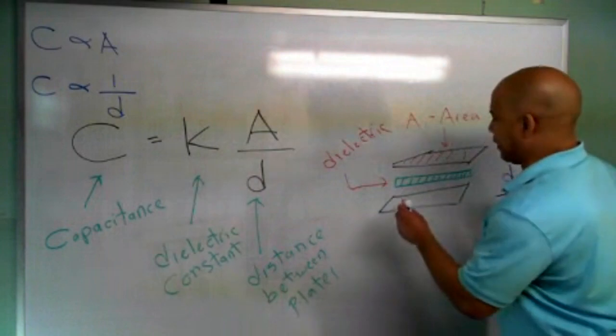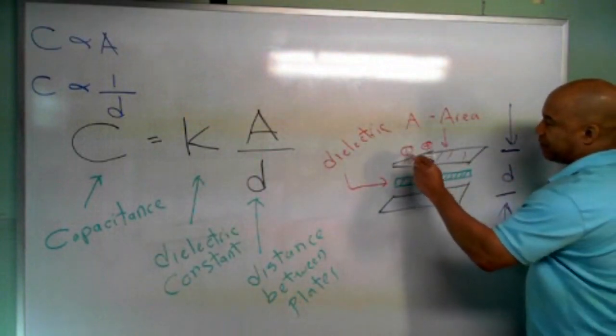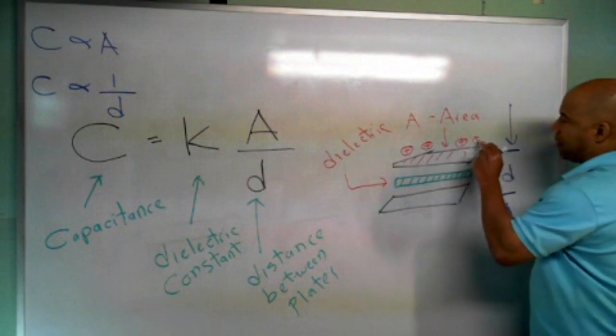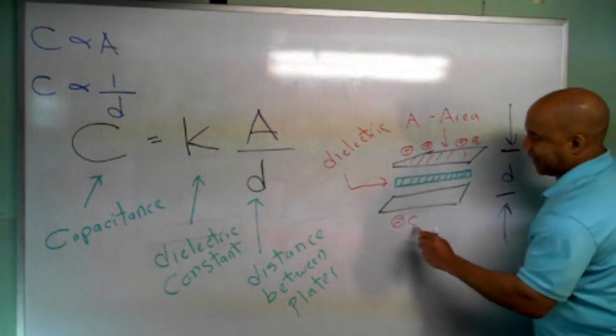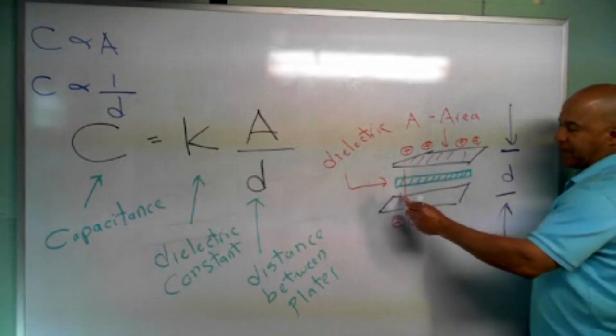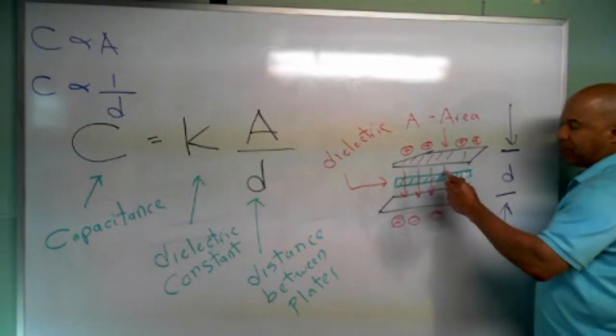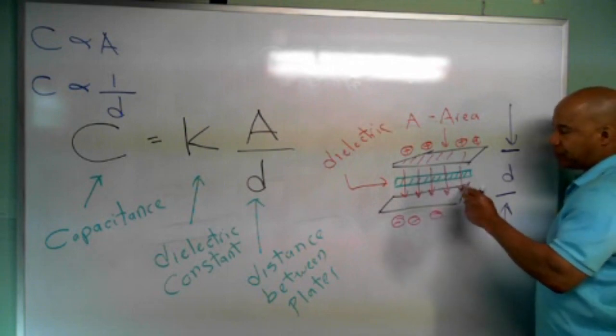If I charge the top plate to be positive and the bottom plate to be negative, when you charge it up, there's electric field that goes from the top plate to the bottom plate like that.